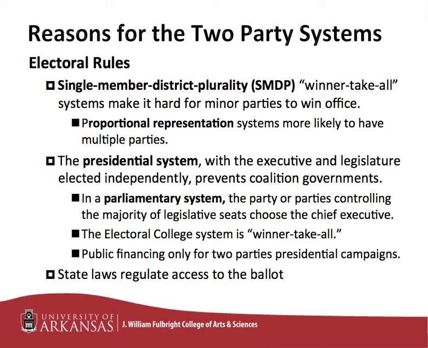So the next approach is considering presidential systems. Here, with the separation of the executive and the legislature, with their independent election, this prevents coalition governments. With parliamentary systems, the party or political parties that control the majority of legislative seats choose the chief executive.